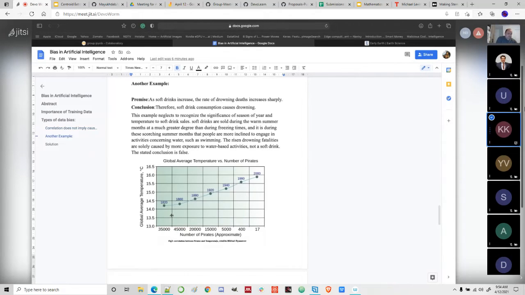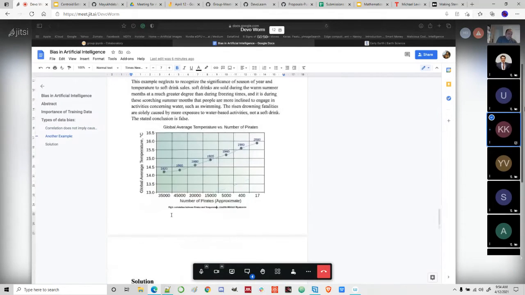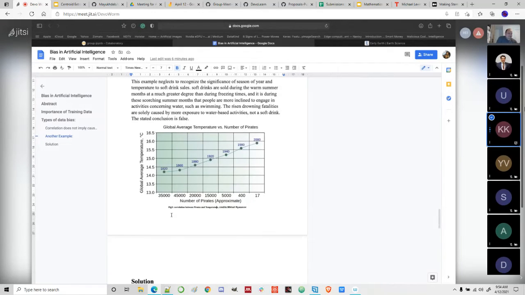This is an example. It shows global average temperature and number of pirates. If one looks at this, it can easily be shown that rising temperature is kind of wiping out pirates, but that's not true. It's the advancement of civilization. It has nothing to do with global warming. It has to do with how civilization is progressing.